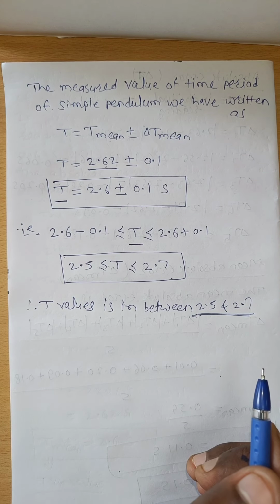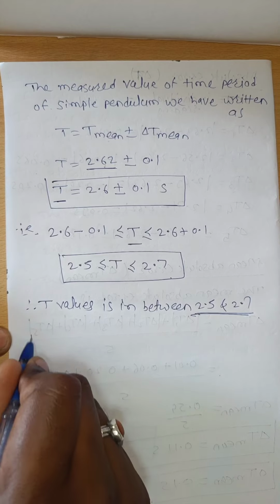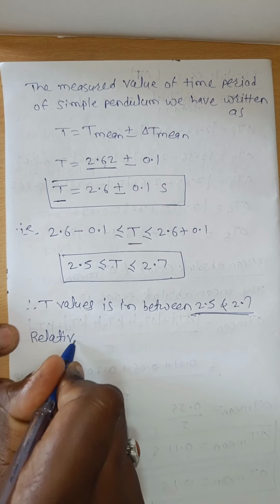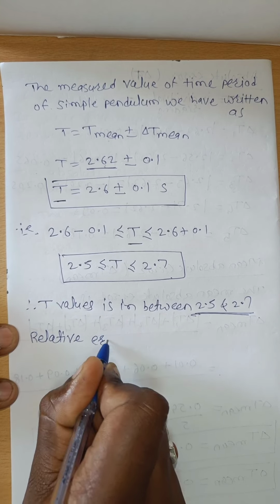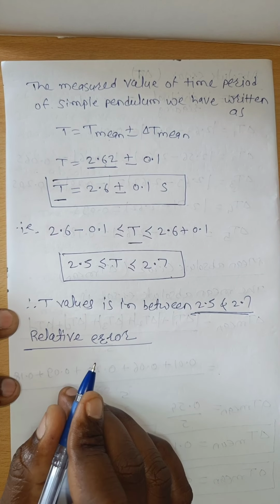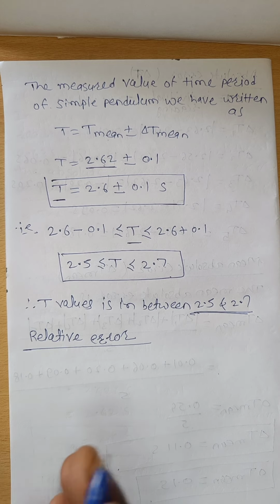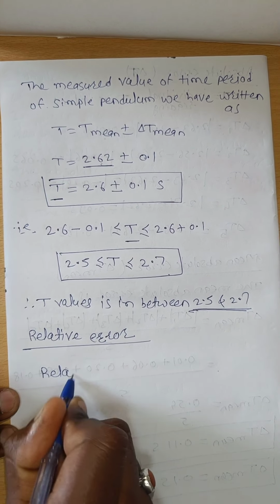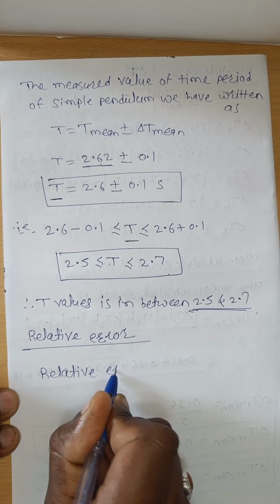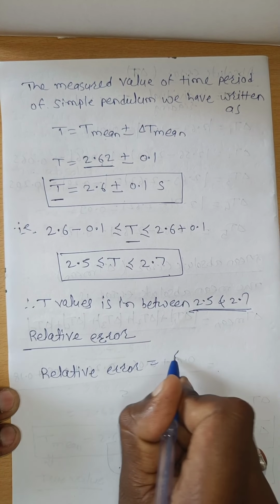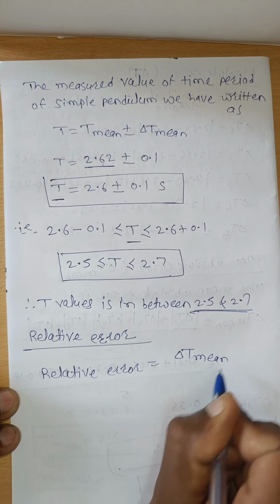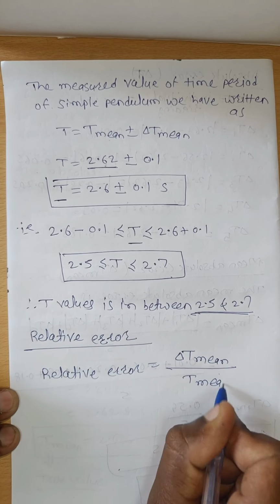Now next we have to find out the relative error. What is meant by relative error? The relative error is equal to delta A mean divided by A mean. Here, relative error is equal to delta T mean divided by T mean.